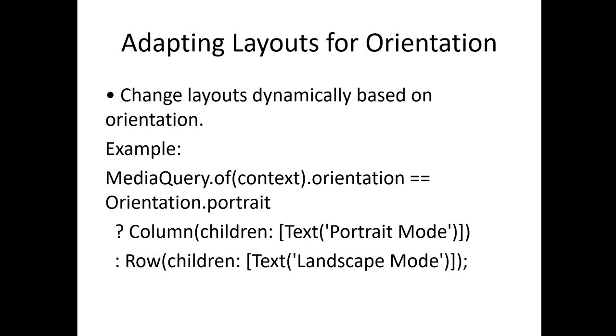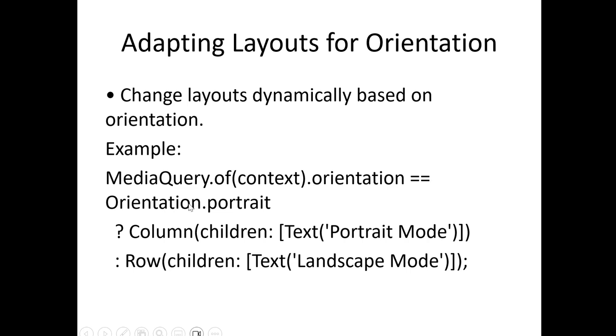Next is adapting layout for orientation. A Flutter app should adjust not only for screen size but also for orientation changes, that is portrait or landscape. The MediaQuery widget can help detect orientation also. For example, in this changing layout by orientation, you can see MediaQuery.of(context).orientation.